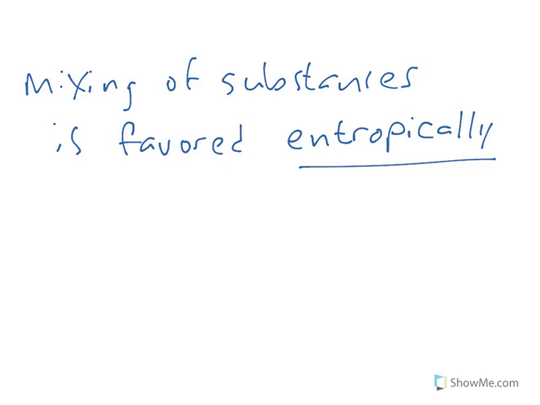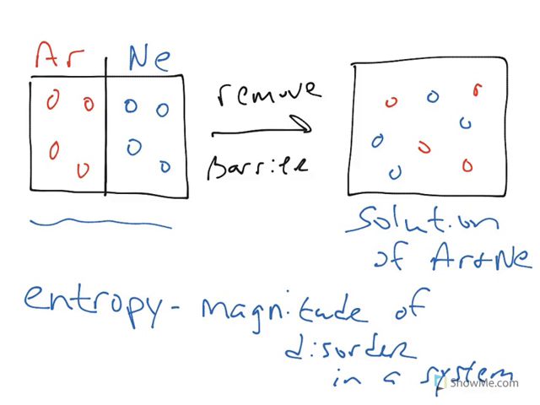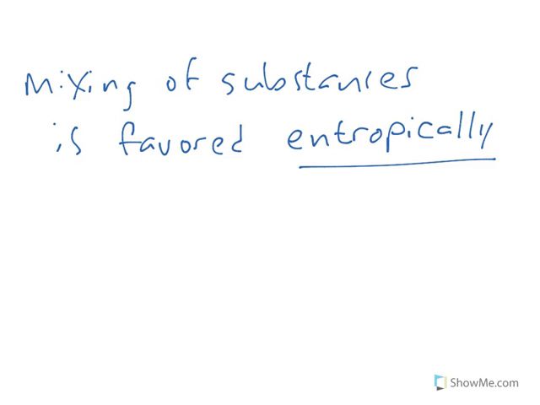So we like to see substances mixing from an entropy standpoint. This happens spontaneously, so this must be a favorable process from a thermodynamic sense, and that thermodynamic driving factor is something called entropy. So do all substances mix then? And the answer is no.